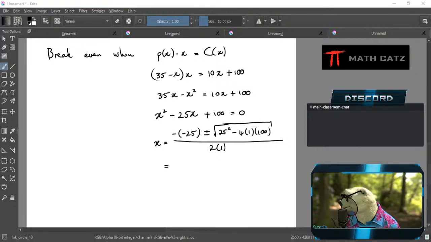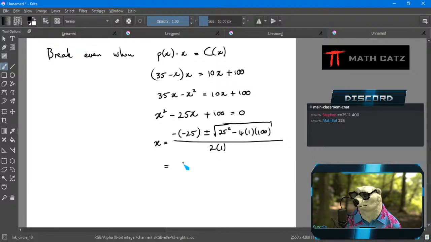25 squared minus 400. I can just do right away. It is 225 indeed. So I have 25 plus or minus square root of 225 over 2.